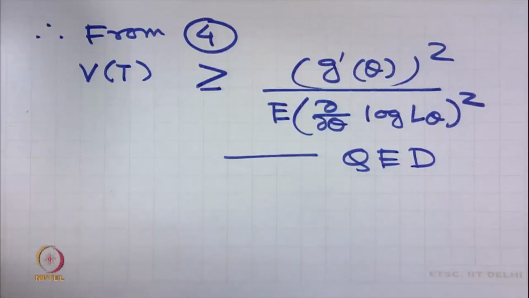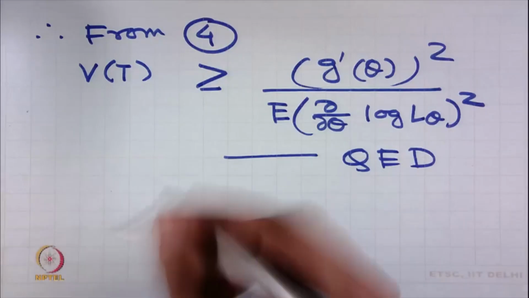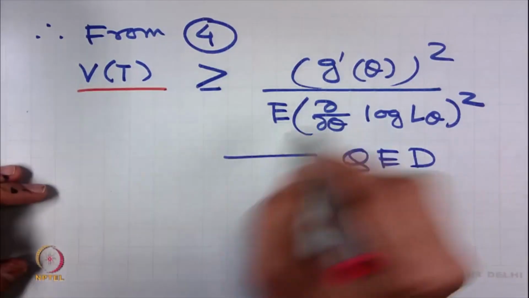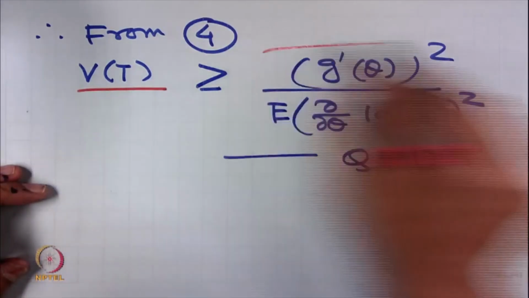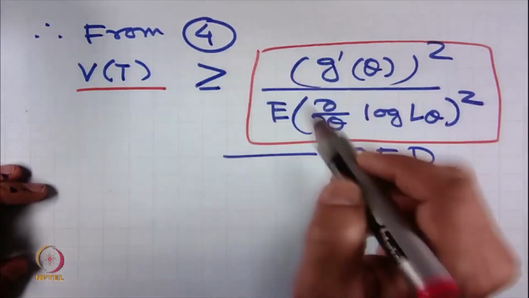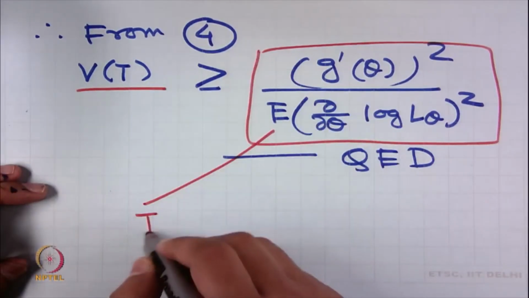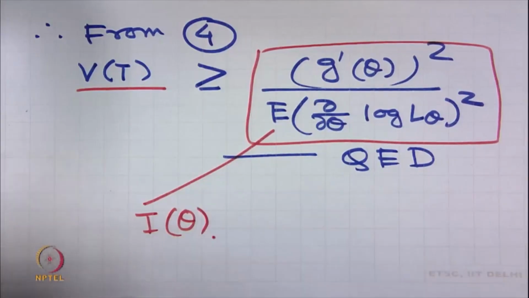So, this is the result that we were trying to prove, that variance of t has to be greater than equal to this, where this is called the I theta.